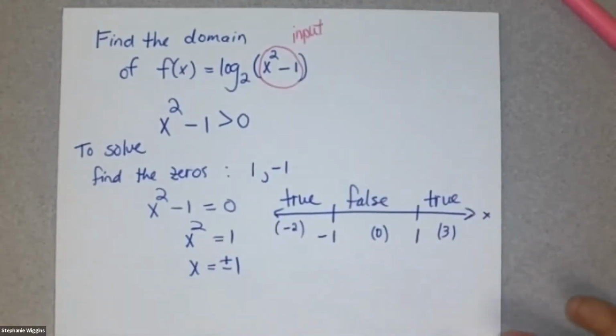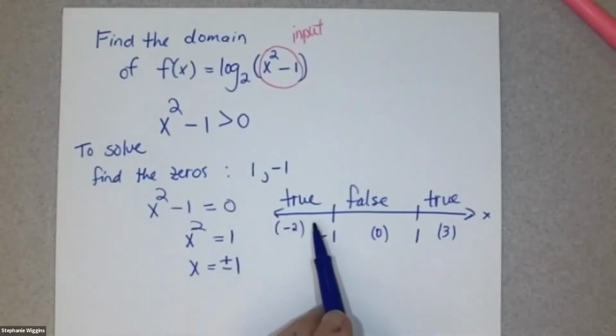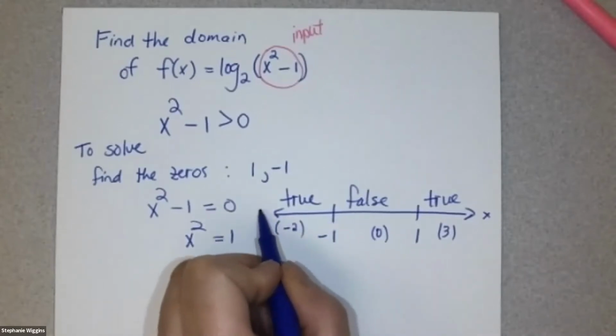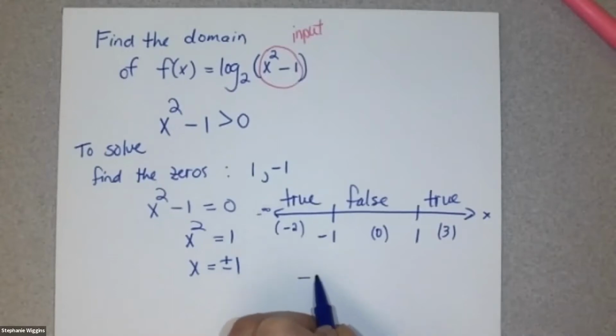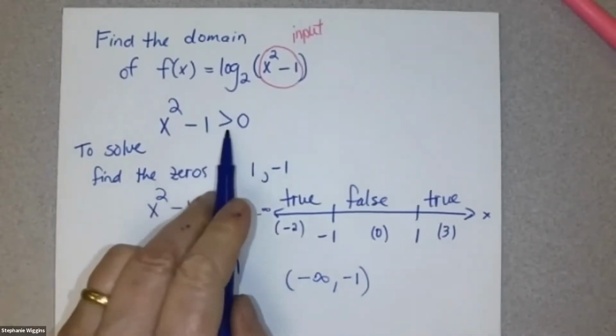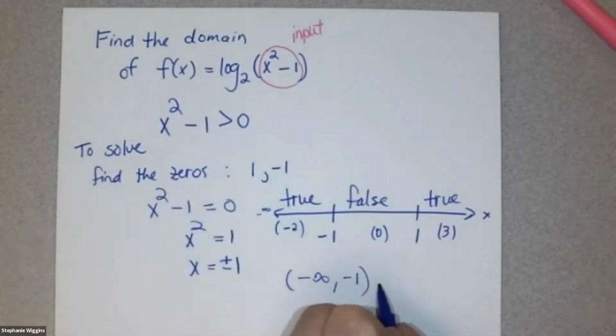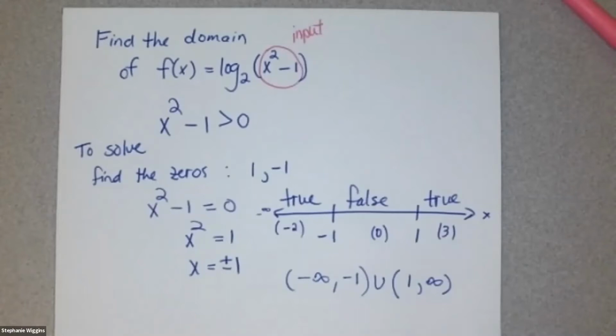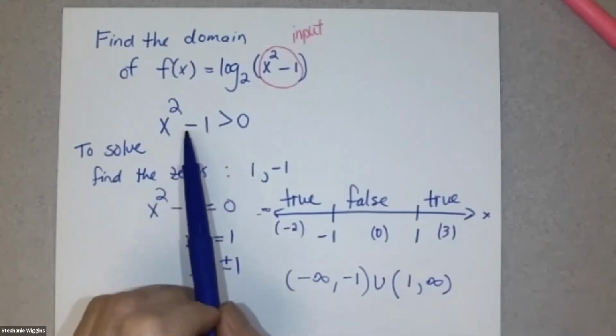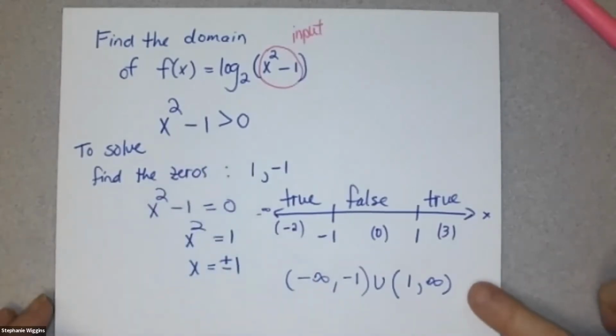So the solution is everything that makes the inequality true, and that would be this interval, so it'd be from minus infinity to negative 1. Of course, I don't want to include negative 1 because I'm talking about strictly greater than 0, and then 1 to infinity. And so this is my solution set.